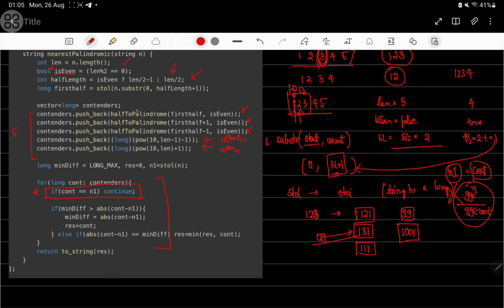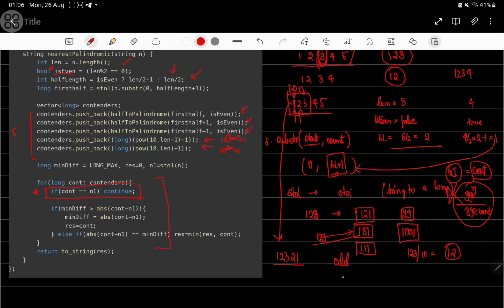Other than that, this half to palindrome helper function we need to discuss once. How do we get the complete palindrome from this half length? Half length was 1 2 3. Now how do I get 2 1 over here? So if it was odd, what will we do? We will do 1 2 3 by 10, which will give me 1 2.